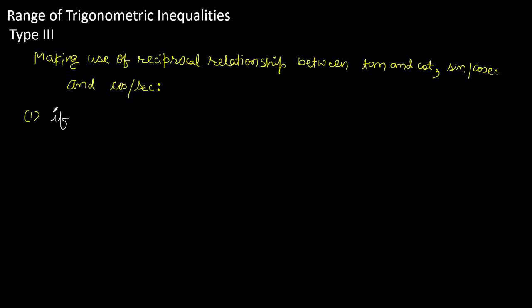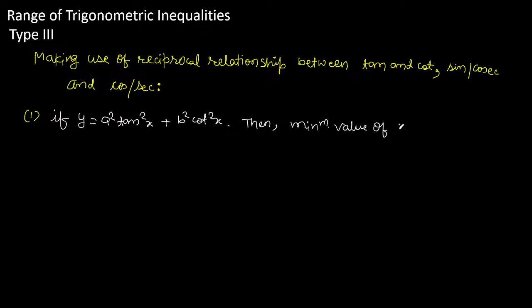If y is equal to a square tan square x plus b square cot square x, then find the minimum value of y.